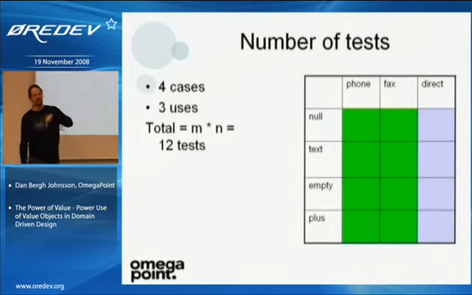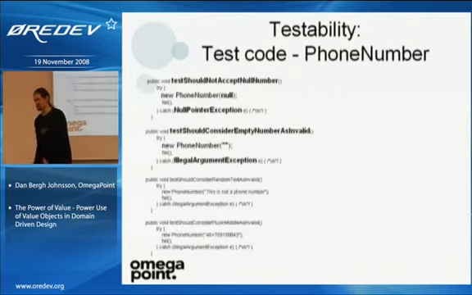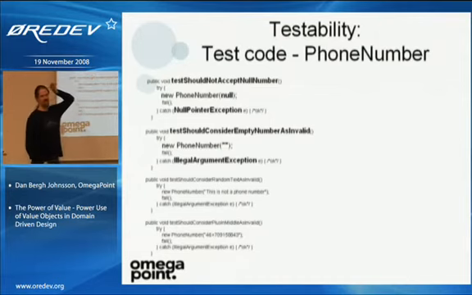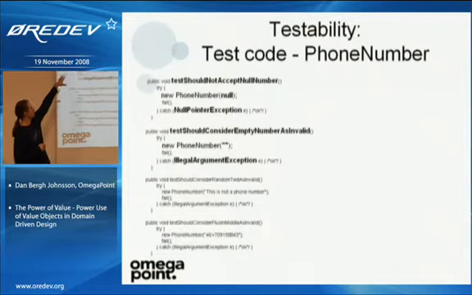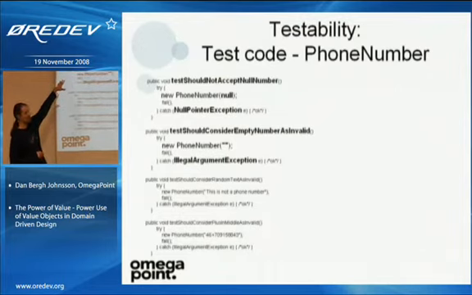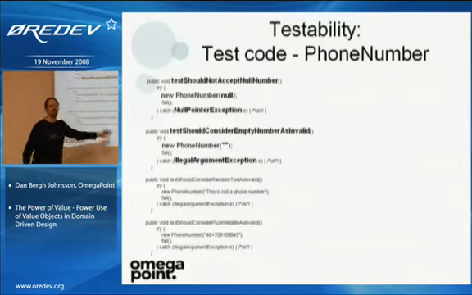Okay. In the revised design, we still need to test the different cases of phone number, sending in null to the phone number constructor, sending in empty string, sending in text, and sending in something with a plus in the middle.